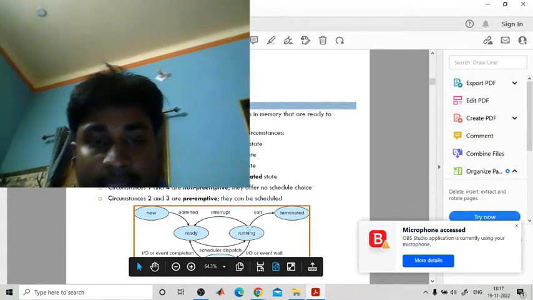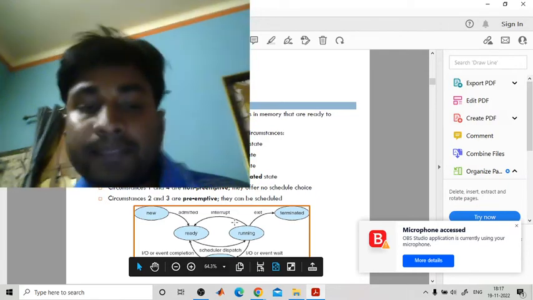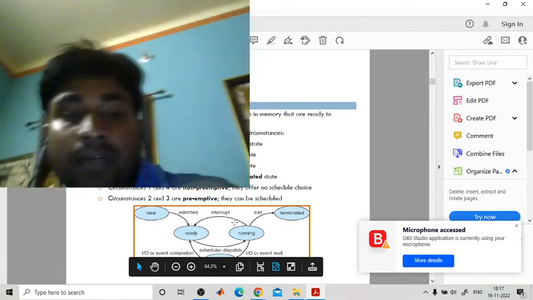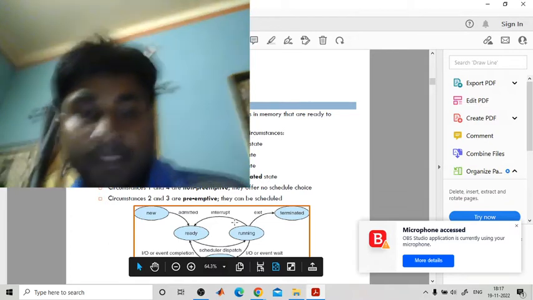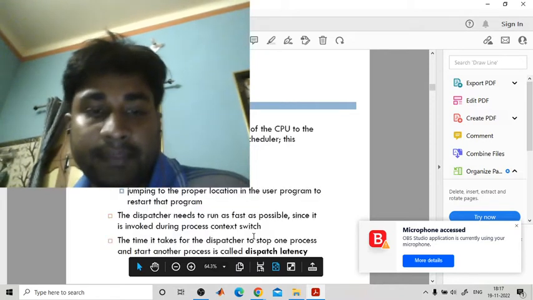From running to ready is the interrupt. It is possible that a software interrupt or hardware interrupt occurs at that time, and the process goes from running to ready.